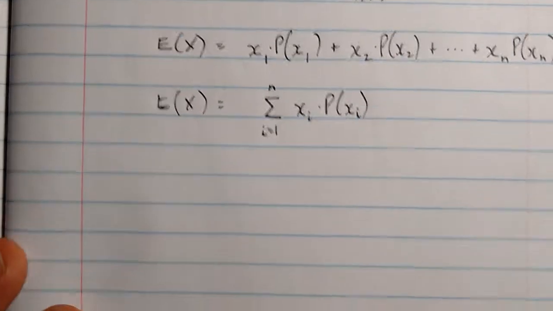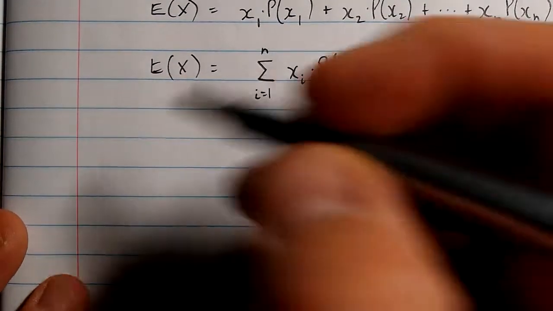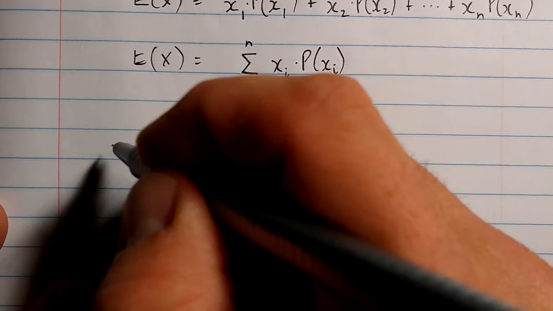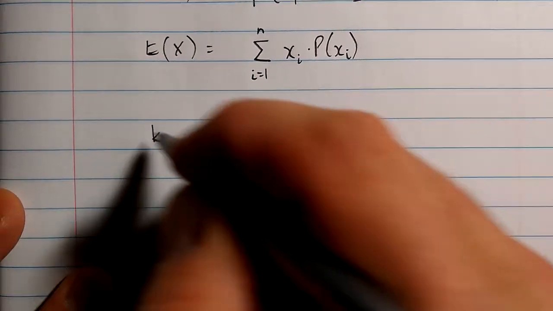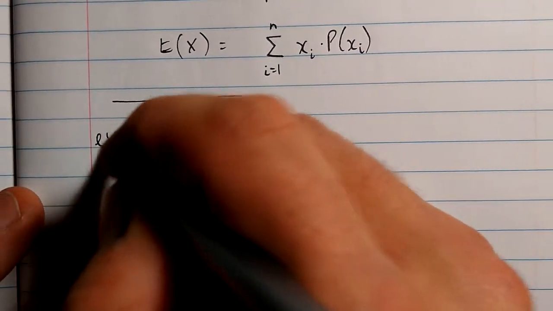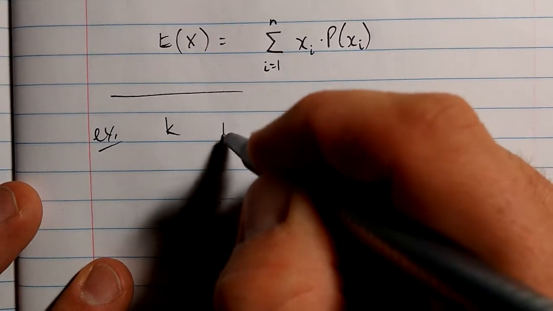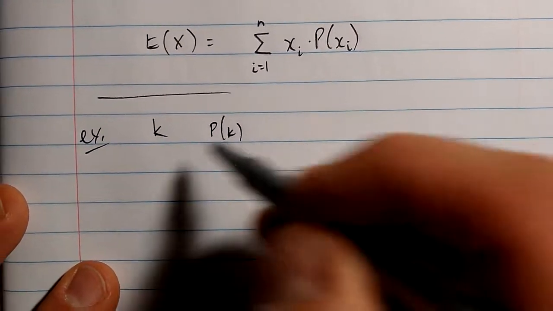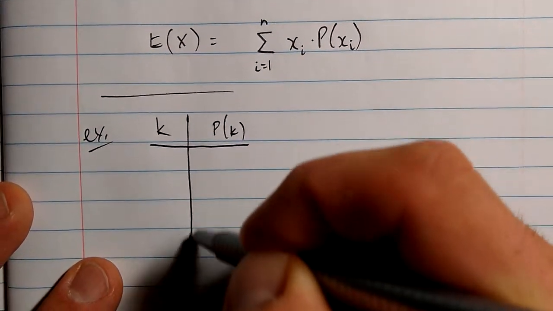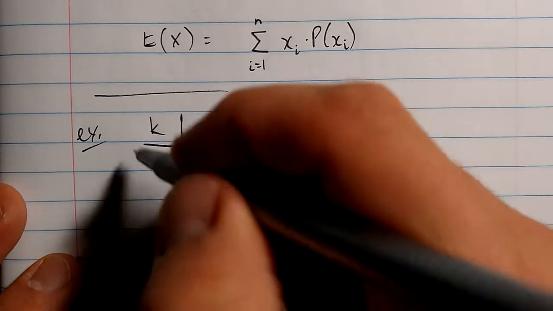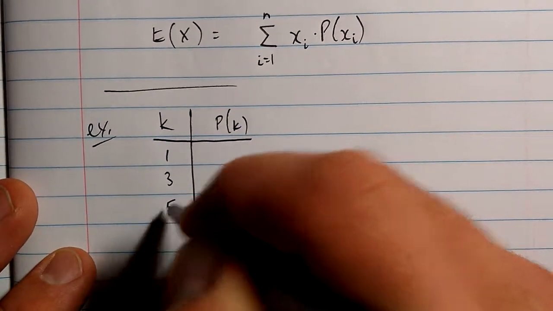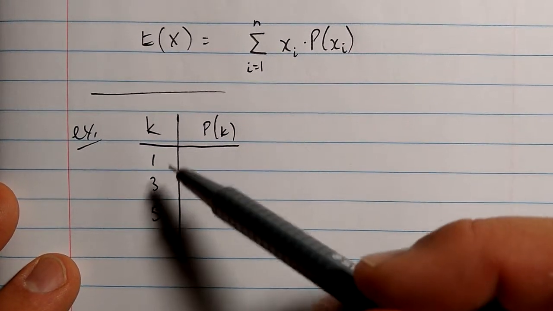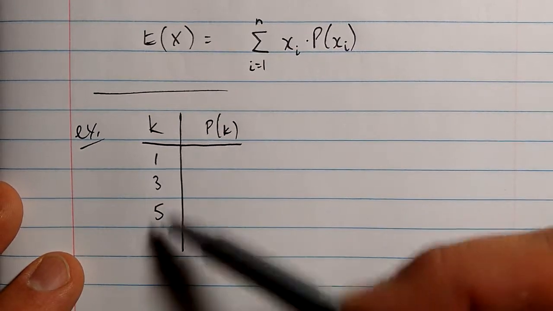Okay, so let's do a few more. Let's find the expected value of this experiment. Let's see, K and P of K. I'll put 1, 3, and 5. We do tend to write these in order from smallest to largest here.